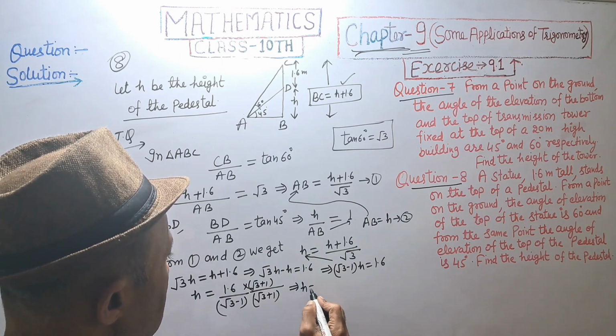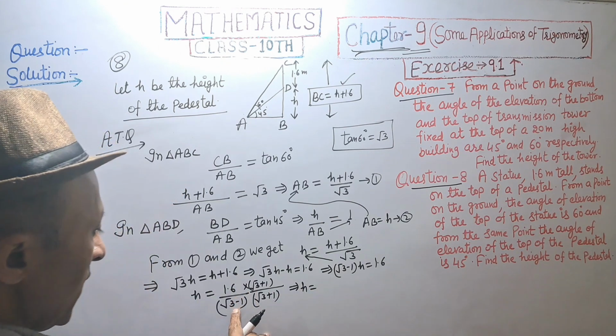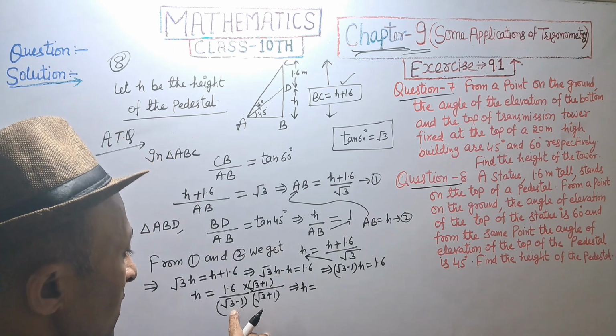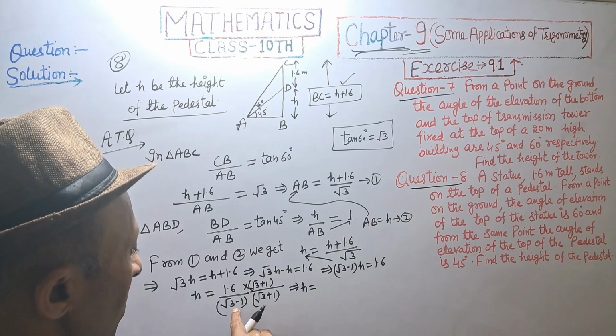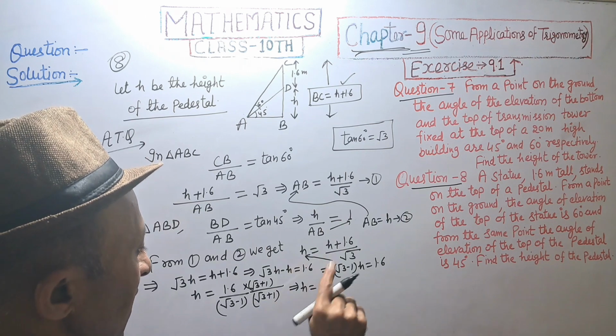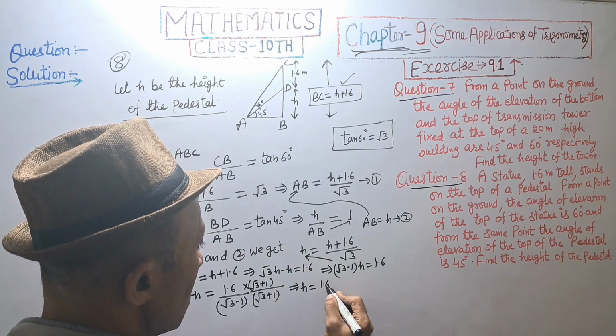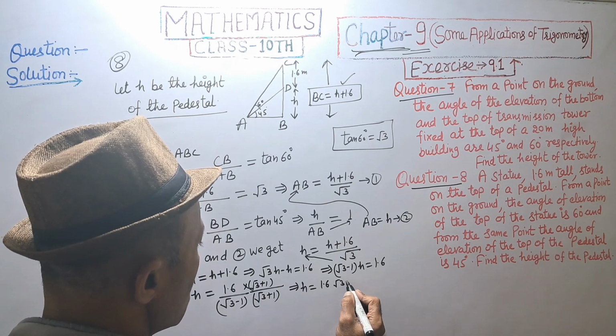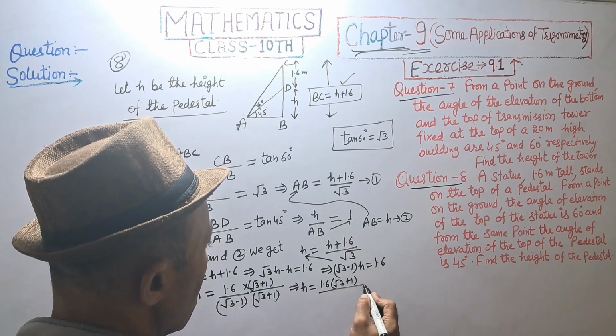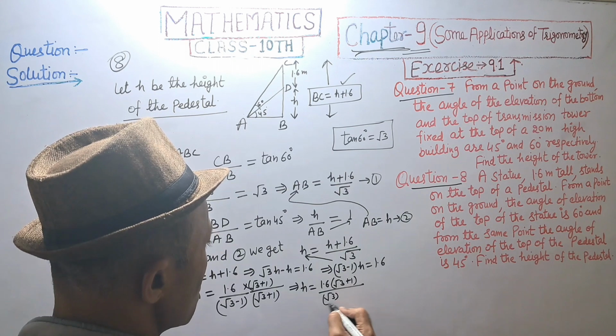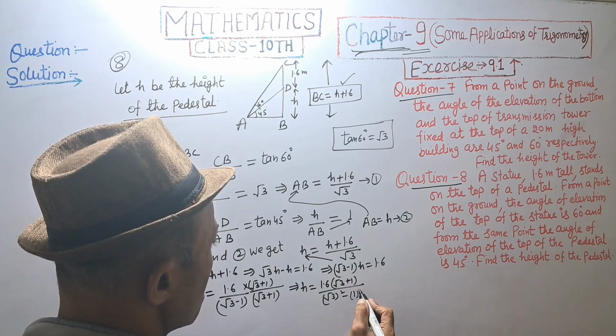This implies h is equal to, as we know that a minus b into a plus b is a square minus b square, h is equal to 1.6 root 3 plus 1 over root 3 square minus 1 square.